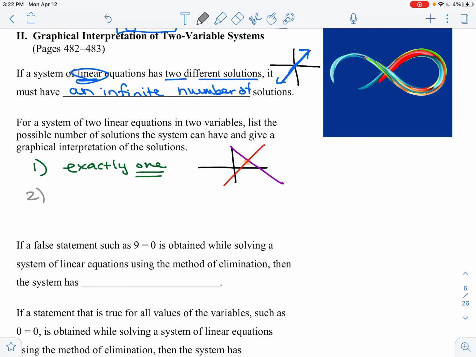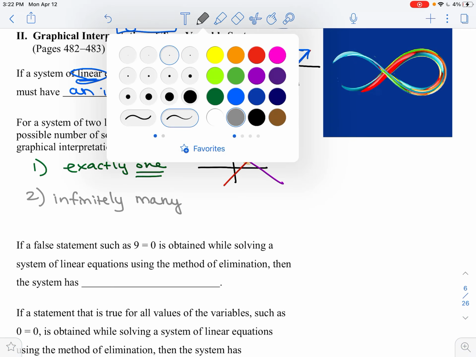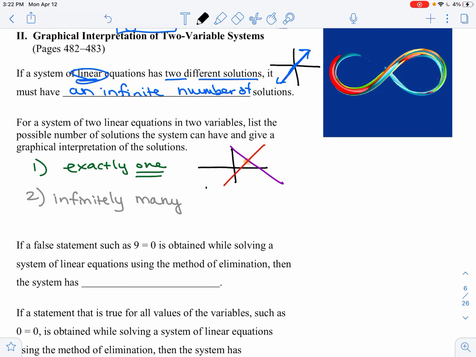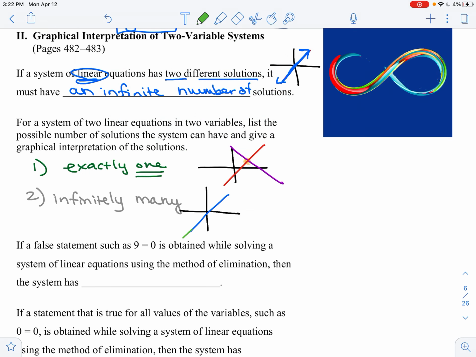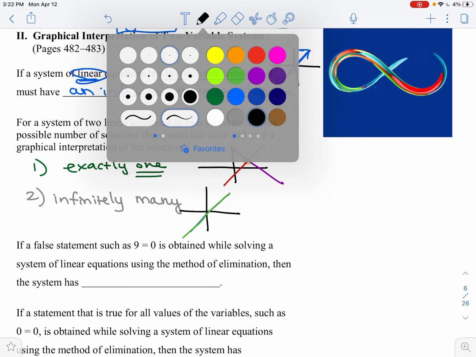Let's look at the next one. The second one is infinitely many, which we talked about just now. In order for them to have infinitely many solutions, we'll have a line and another line that is the exact same line, and it covers all of the same solutions as that one.